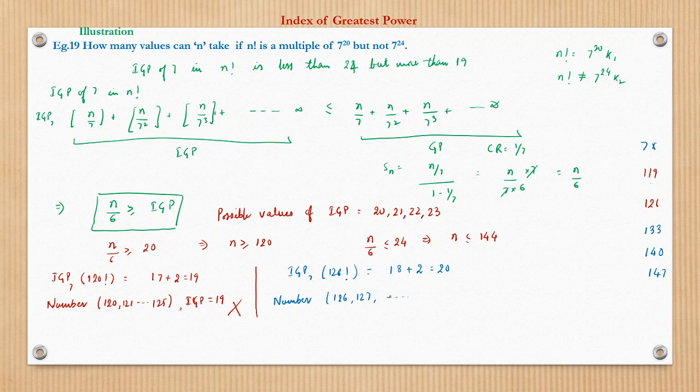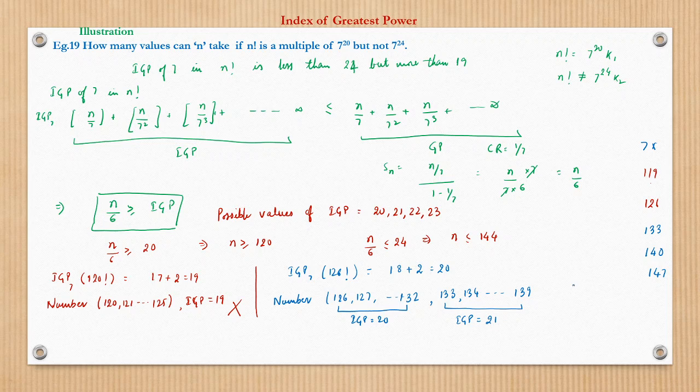So from 126 till 132 IGP would be 20. From 133, 134 till 139, IGP would be how much? Just another multiple of 7. So IGP would be 21.